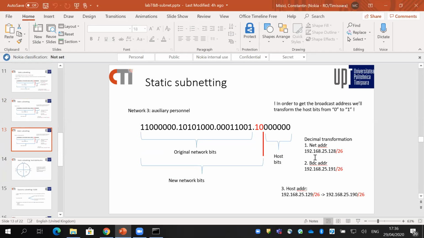And that means 192.168.25 and 128/26. The broadcast address, in which we take all of the host bits and transform them into ones, and then we compute the decimal value again, and we get a 191 at the end. And the host address interval, which is the network address plus 1 and the broadcast address minus 1.